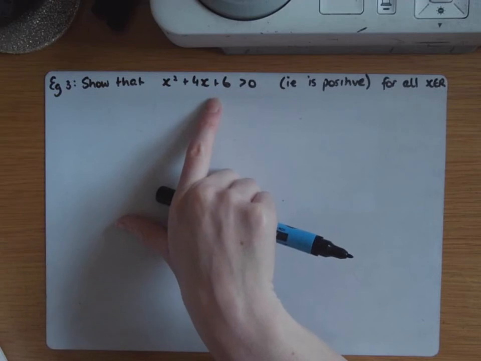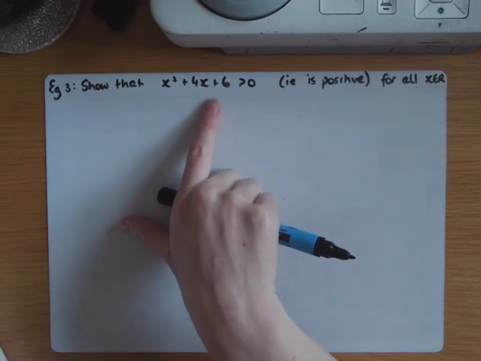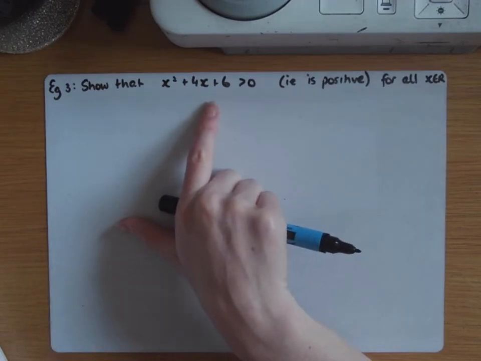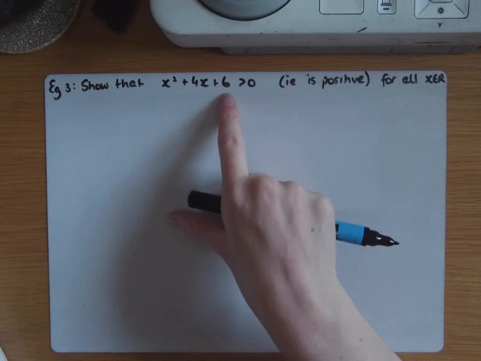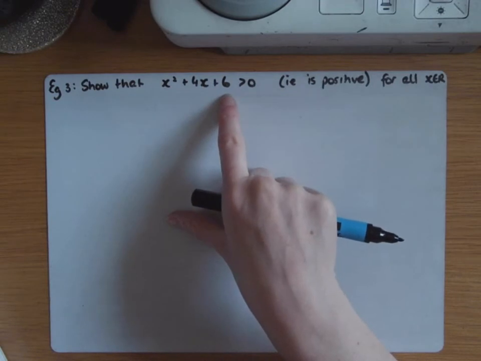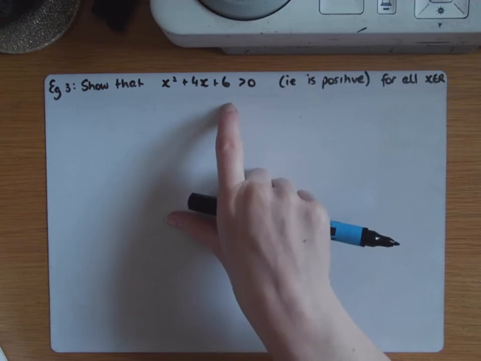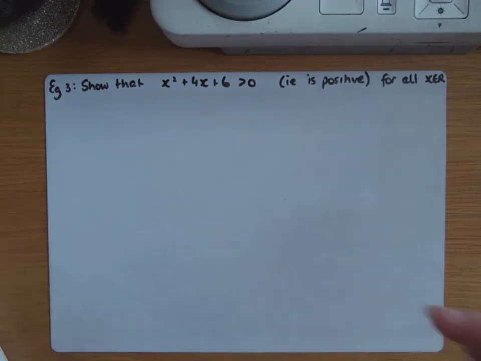Now ideally I would like to see if it's a perfect square. So I would square root that number and square root that number. Okay, so not a perfect square. So the other option we have is to complete the square.